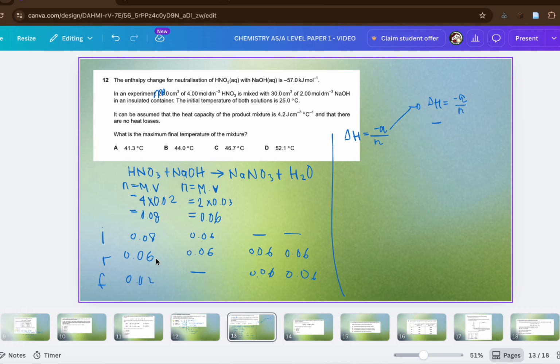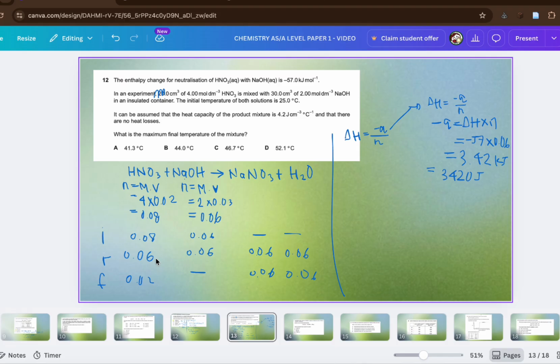Of course, to get negative Q, we can just multiply the enthalpy change with the mole, which is negative 57 times 0.06, which is about 3.42 kilojoules. We see in the question, the heat capacity is in joules. To match, let's just convert it to joules.